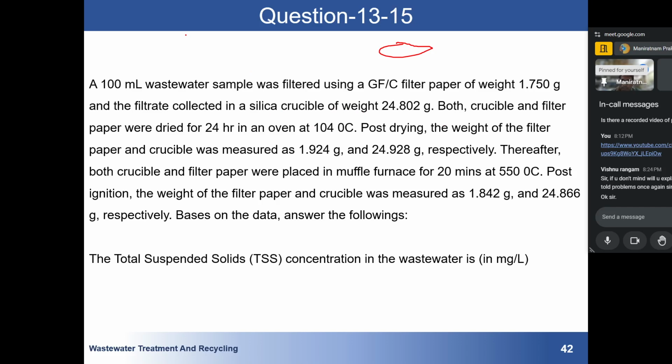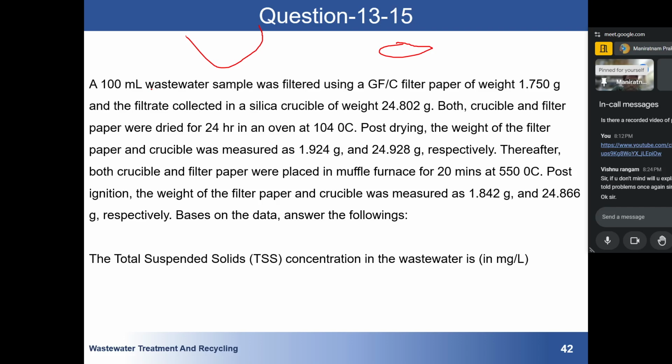So there is a crucible, a cup-like glassware structure, which is used in an oven, because in an oven the temperature is generally greater than 100 degrees Celsius, and we don't want to keep the glass material which is generally used in our lab there.